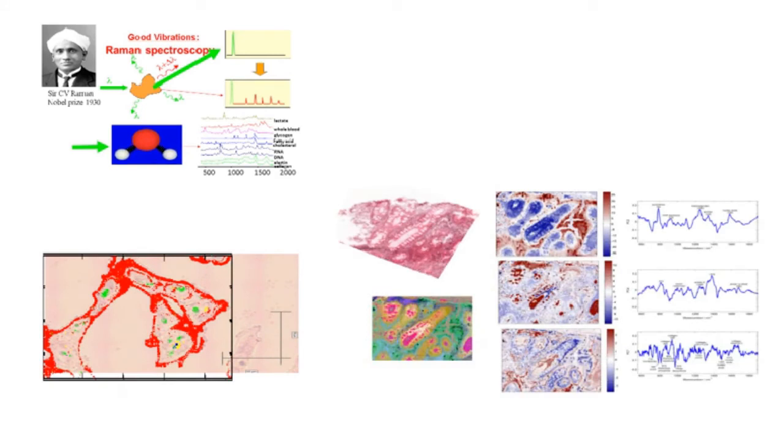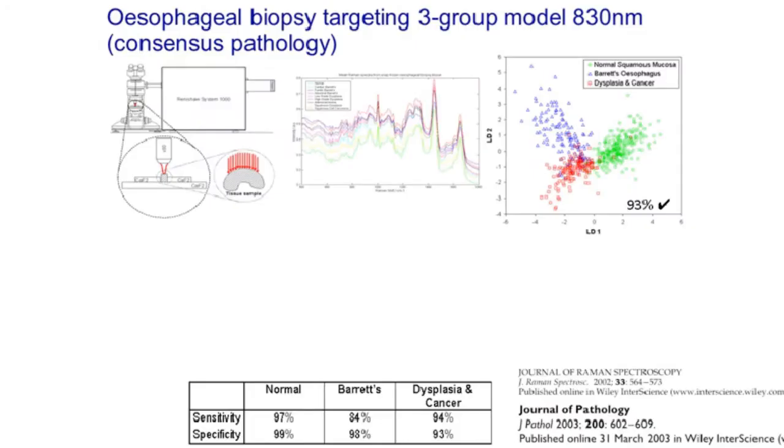And you can also build up images and maps to create pathology based on spectral information to potentially support a pathologist making decisions. So back in the early days in this field, 20 years ago or more, we were looking at the fingerprints of disease under a microscope to try and understand what they would tell us, and to understand whether we could extract key features to separate out the disease.